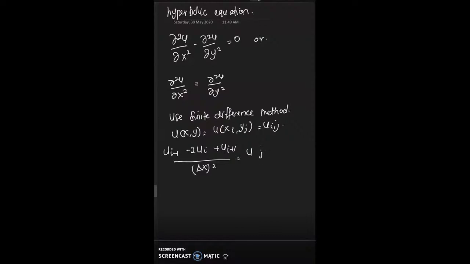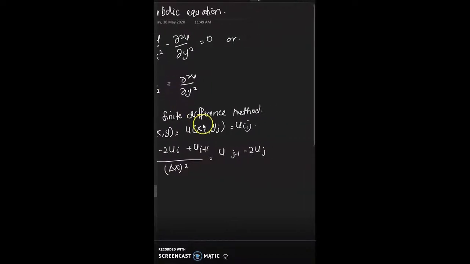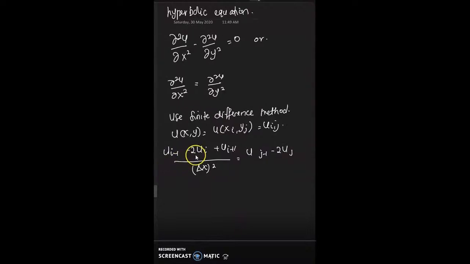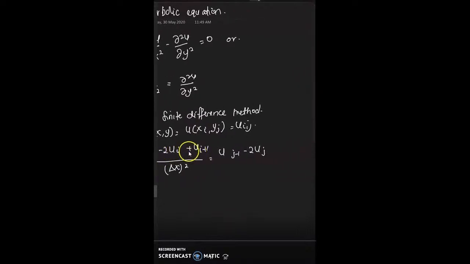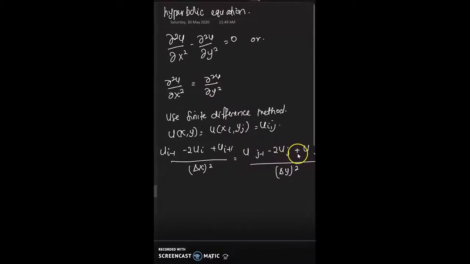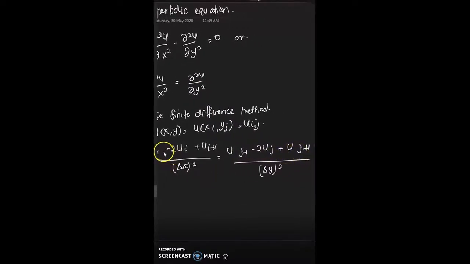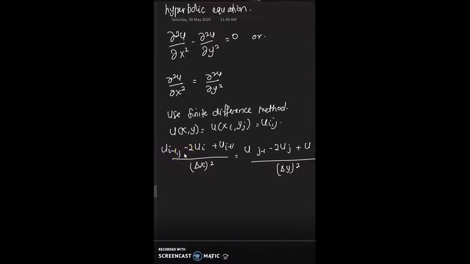For the second order derivative with respect to y, you change to j+1, j and j-1. In the first term, which does not involve j, you put j and maintain it. In the second term, you put i. So i is maintained. You do not do the derivative with respect to i, you put i. You do not do the derivative with respect to y, you put j.